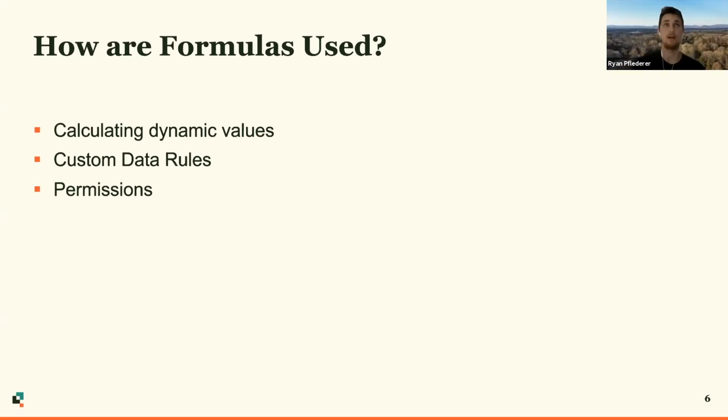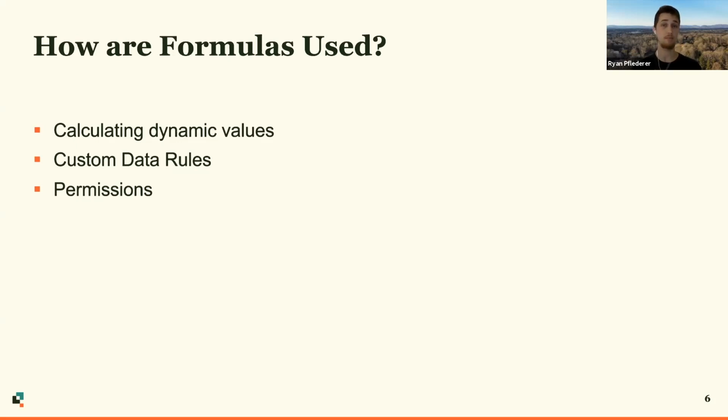And so how are formulas used? With formulas, we as builders know that they can be used in many different facets of an application. They can be used in a field to calculate dynamic values based on other inputs from that same record. They can be used in custom data rules to specify when a user should be prevented from saving a record.